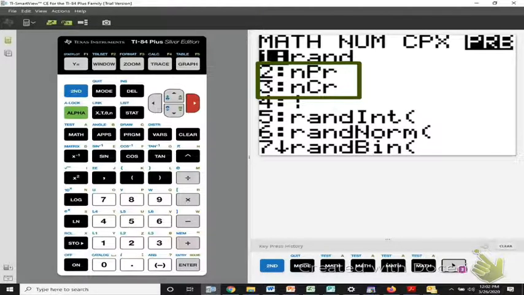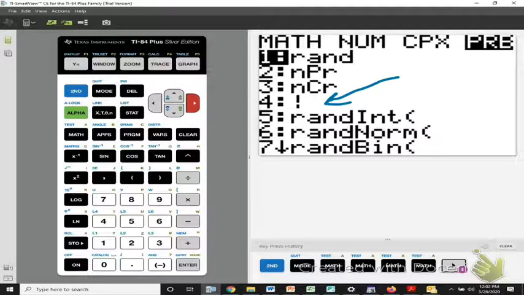Now, incidentally, in chapter 7, which we're going to do next, I think chapter 6, we're going to be using these things a lot. Also in this section, that's where you get the factorial symbol.